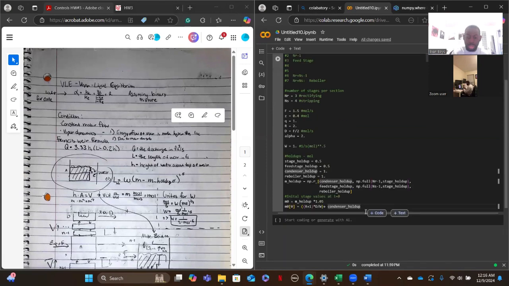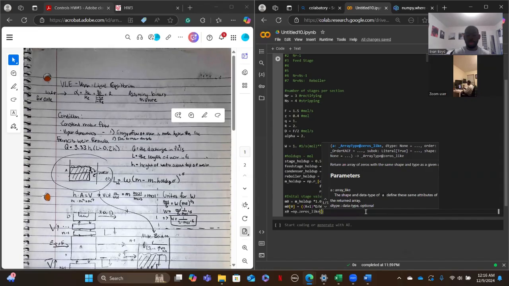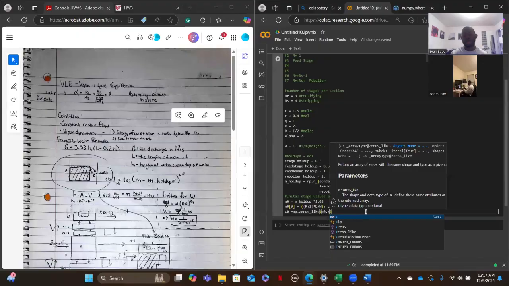Okay, so next we would just do our x's, because we also need our mole fractions as well. So our x naughts is equal to, and I'm pretty sure it's np.zeros, with respect to M0. So with respect to our flow, our moles, there's our initial moles, and then our compositions for our feed.